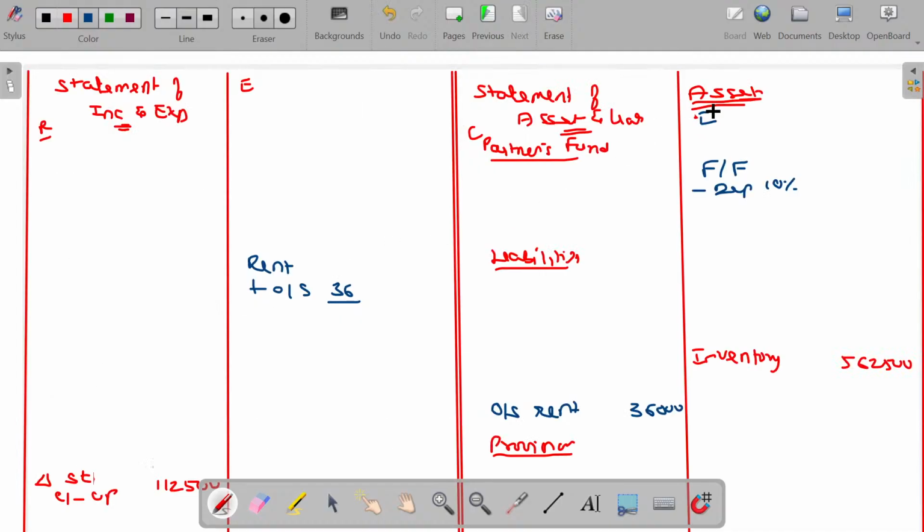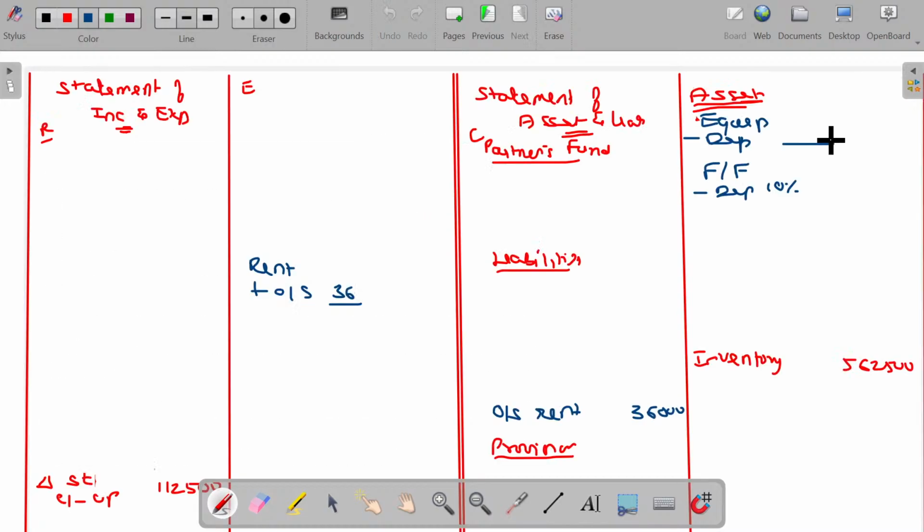So equipment, and depreciation on the equipment here being 67,500, and here depreciation for equipment 67,500. For furniture and fixtures, we have to find out and post it later.